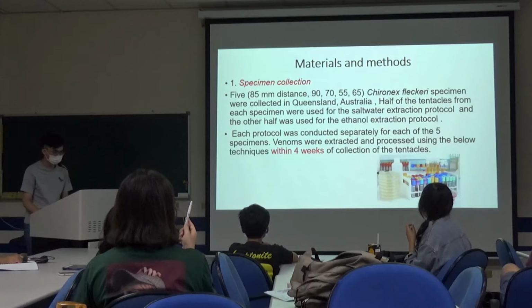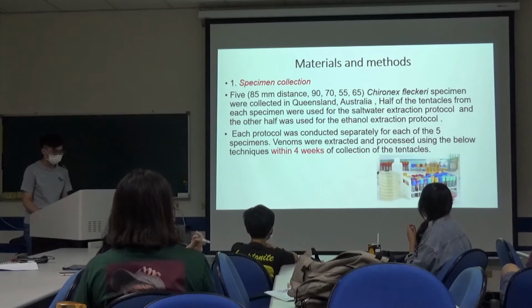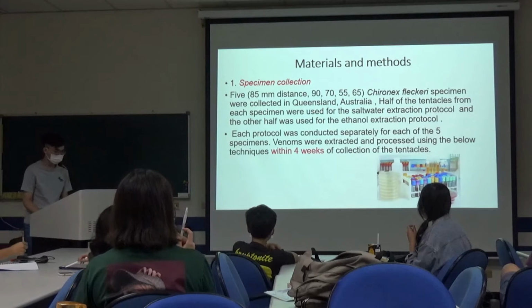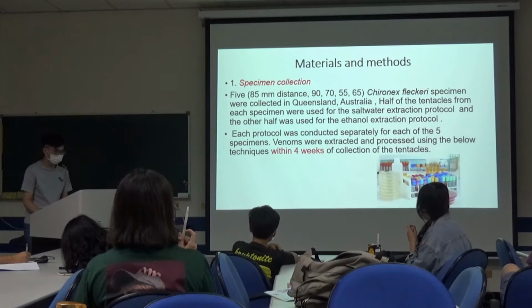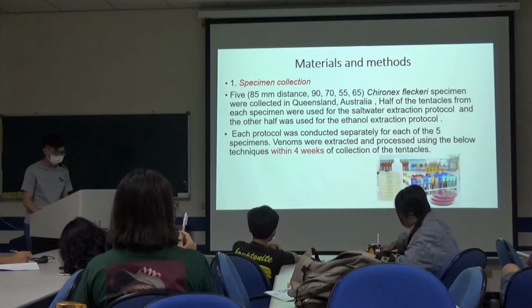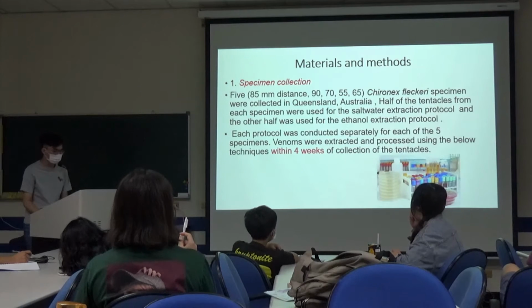The venom from each sample was used for saltwater infiltration, and the other was used for the internal infiltration particles. Each was conducted separately for each of the 5 samples. Venom will be infiltrated first using the below techniques.